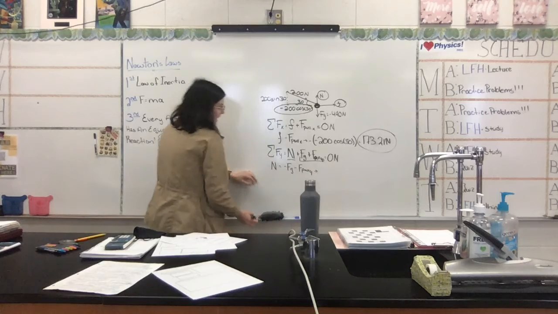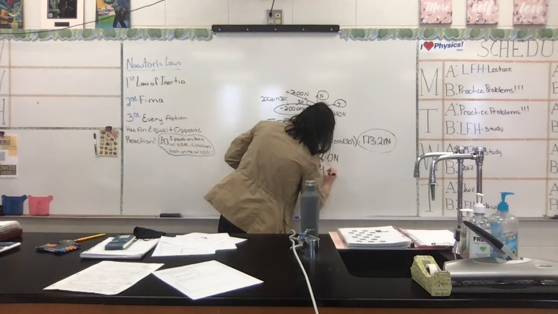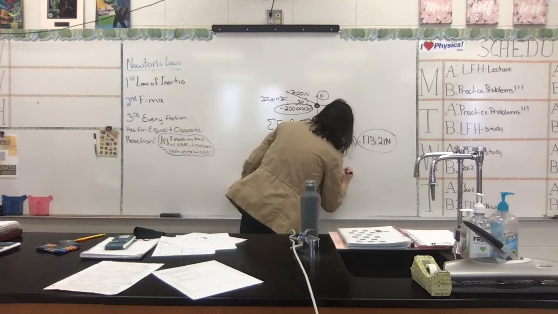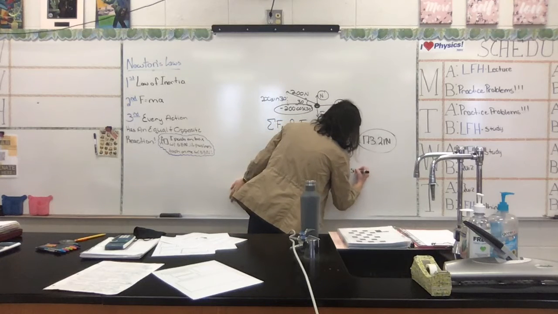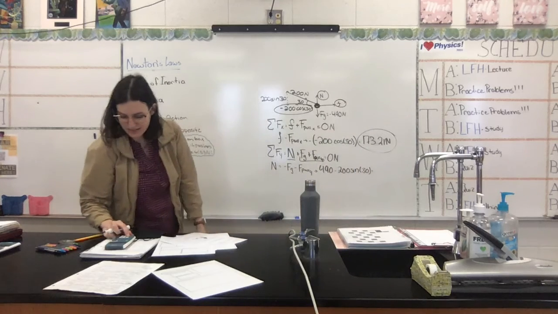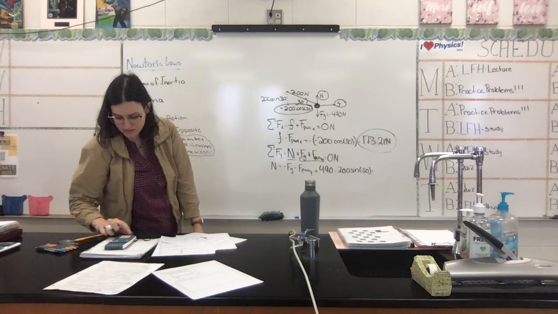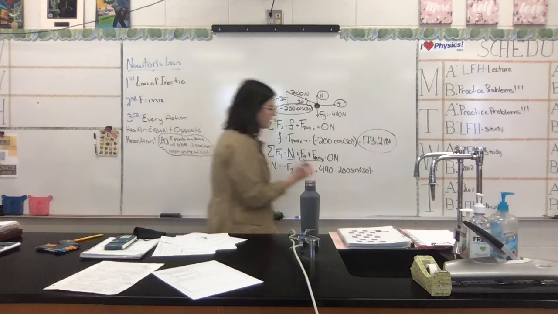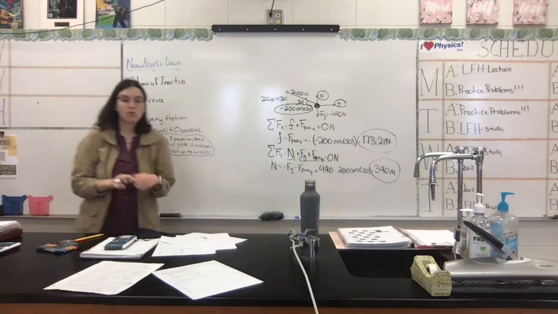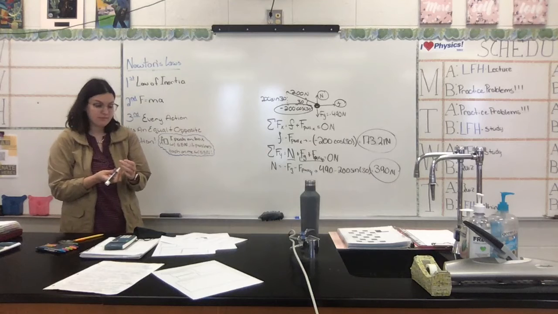So when we plug that in, we'll get 490 minus 200 sine of 30, which is going to give us 390 newtons of normal force on this man pulling the crate.